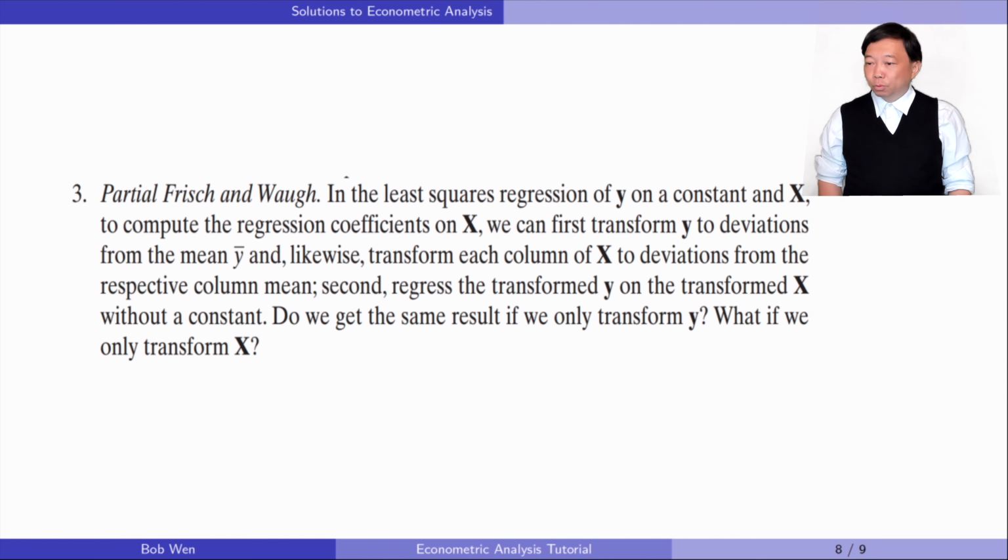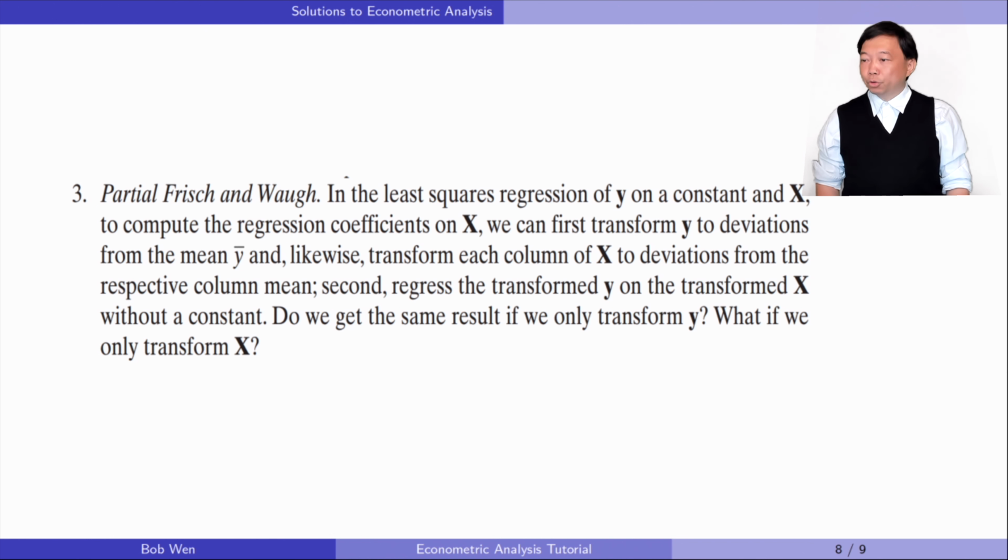According to the Frisch-Waugh-Lovell theorem, in the least squares regression of y on a constant and x, to compute the regression coefficients on x, we can first transform y to deviations from the sample mean of y, and likewise transform each column of x to deviations from the respective column mean. Second, regress the transformed y on the transformed x without a constant.